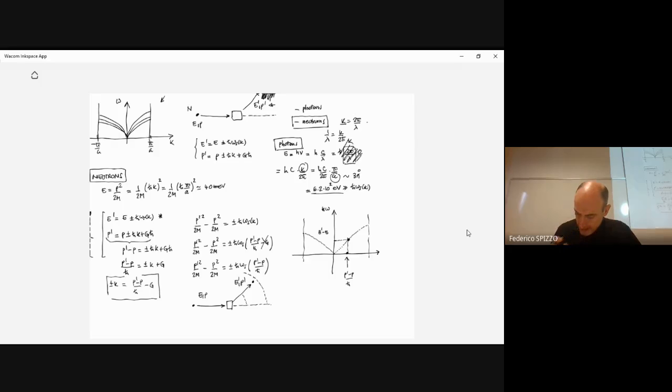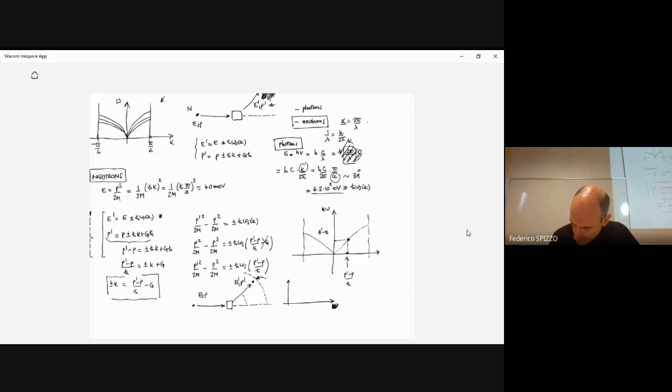So if you have a look at the signal that you measure at the detector that is represented here, at the energy of the neutrons that are revealed by the detector in this position, what you find is this.